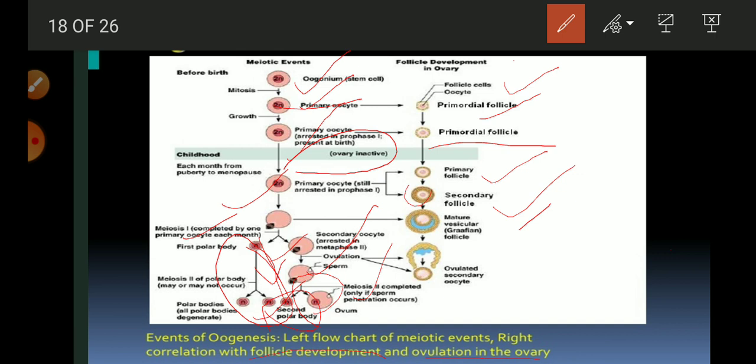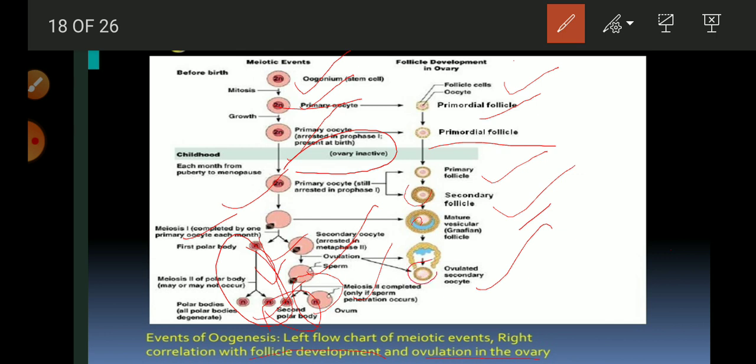The egg cell is very small, but lots of cells have grown around it for its protection as well as nutrition. So this mature vesicular structure is called the Graafian follicle. This Graafian follicle is now ovulated because it is ruptured, and that is the ovulated secondary oocyte.